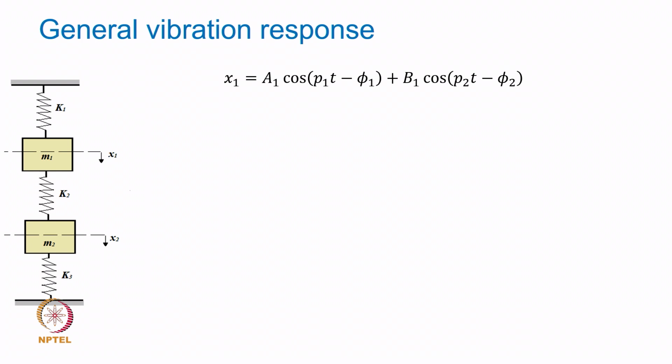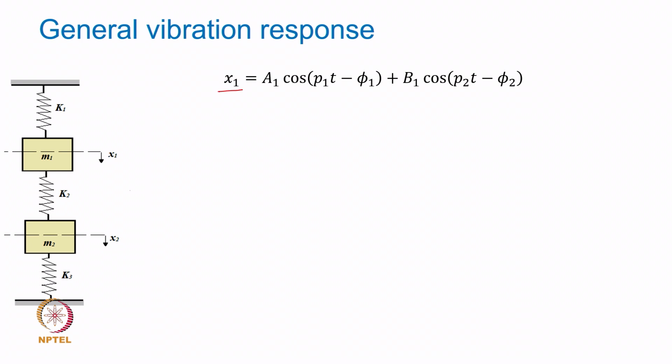Now, we will formally introduce and discuss what happens when such a 2 degree of freedom system is subjected to initial conditions which do not conform to any of the mode shapes, or any of the displacement patterns expected at t equal to 0. So, x1 is going to move in a motion which is contributed by both natural frequencies.